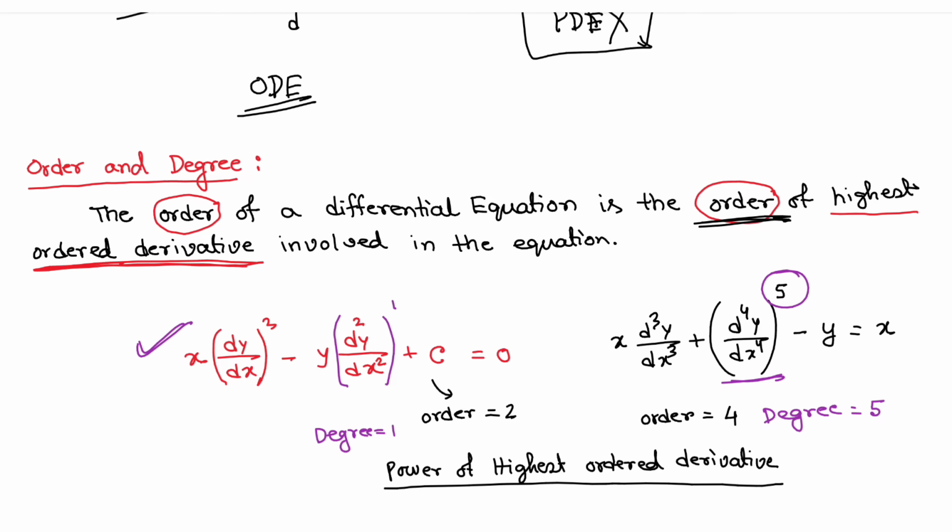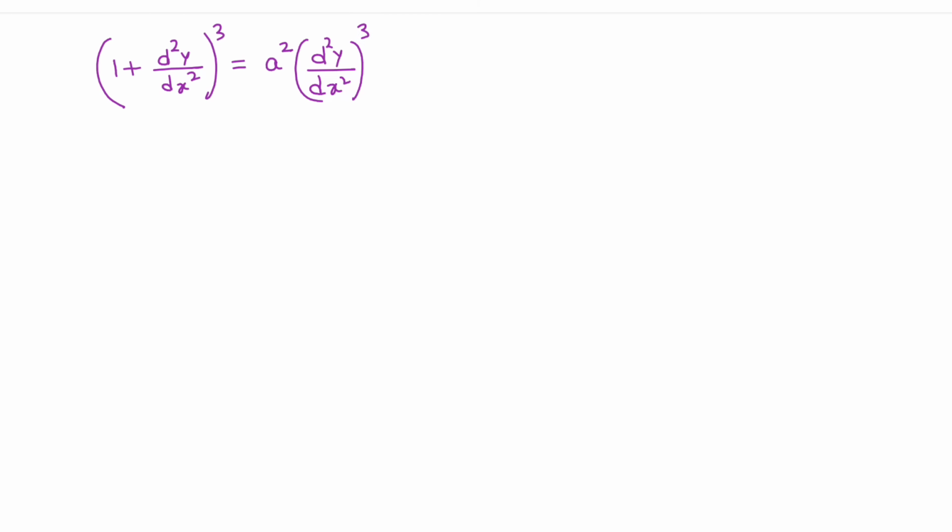Clear? Let's write another equation. Suppose 1 plus (d2y/dx2) whole cube equals a square into (d2y/dx2) whole to the power 3. Now tell me what is the order and degree of this equation?